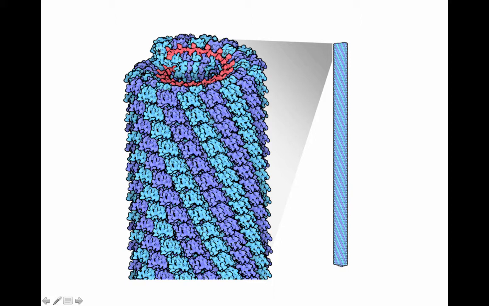Each one of these units shown in darker blue and lighter blue are the same actual protein, but they're just showing them so that you can see where one ends and one begins. And then this red here in the middle is the RNA. So you can see it coats it pretty well.